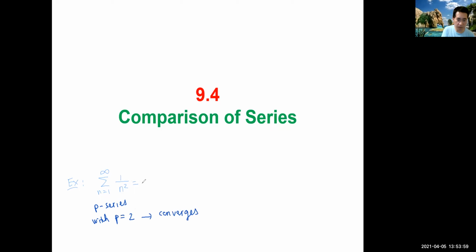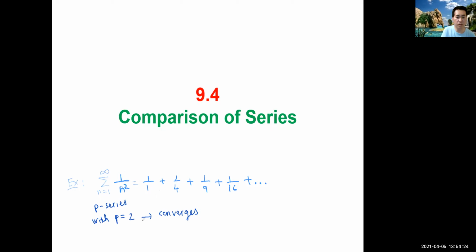If we write it out explicitly, it is 1 over 1, plus 1 over 4, plus 1 over 3 squared, 9, plus 1 over 4 squared, 16, and so on. So we know the answer: it is a P series, so it converges.